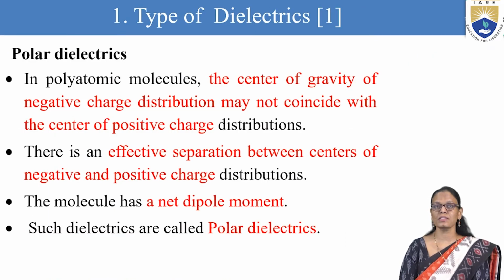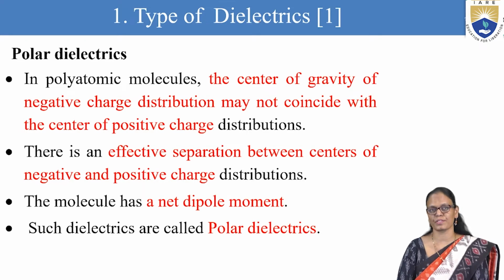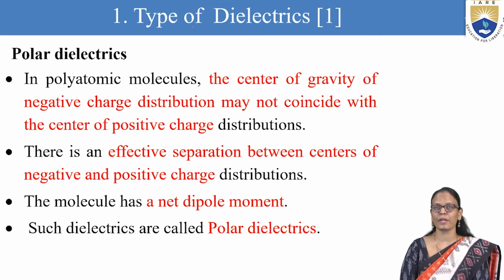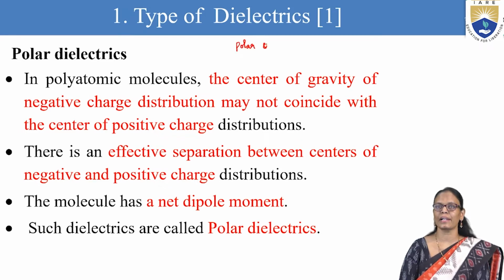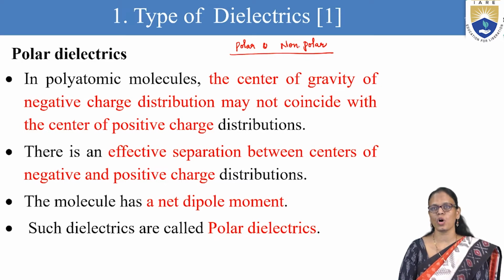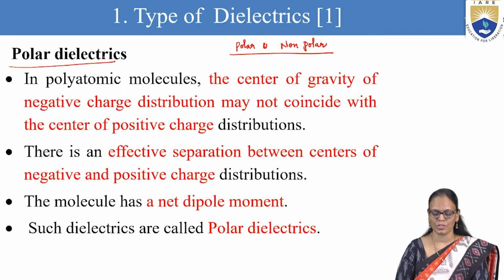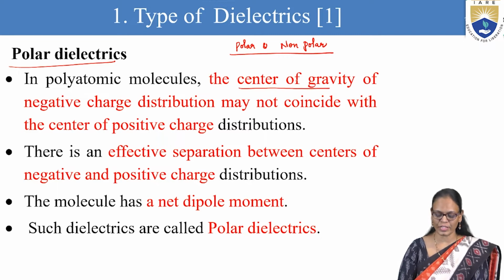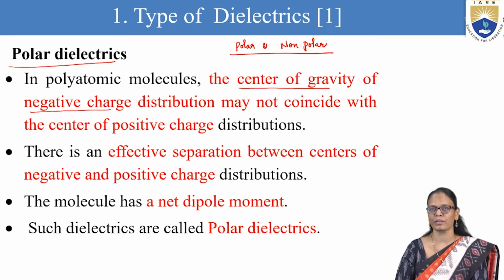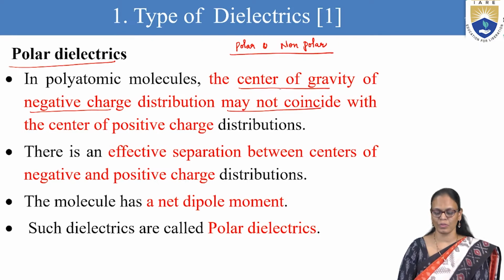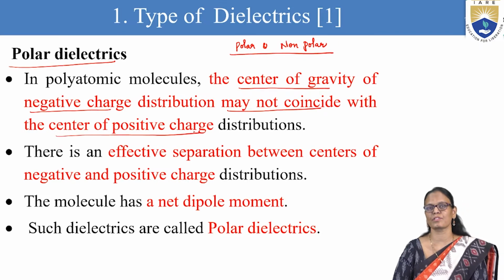Now, the first question is, what are the types of dielectrics? When it comes to the types of dielectrics, we have two: polar and non-polar. So what are polar dielectrics? When we consider polyatomic molecules, the center of gravity of the negative charge distribution may not coincide with the center of positive charge distribution.